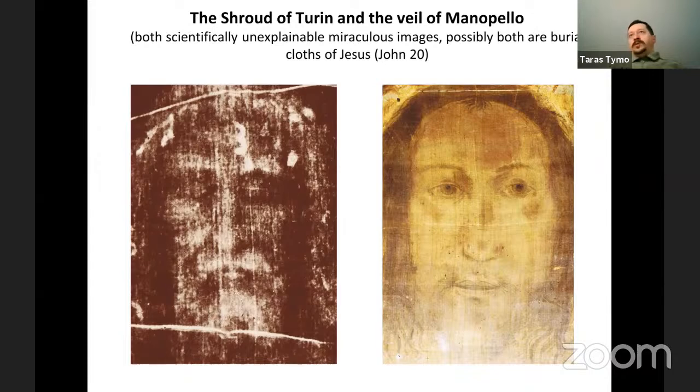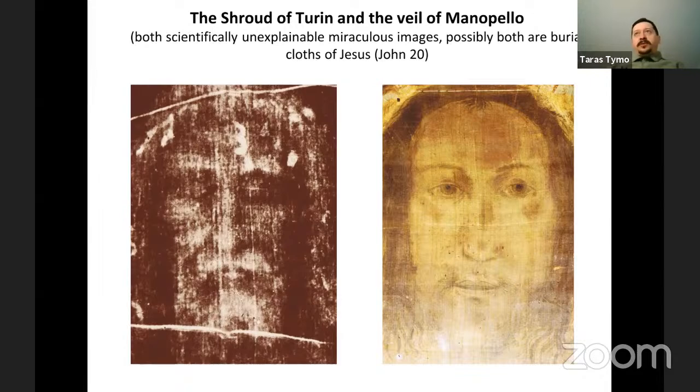And again, nobody knows how this image of Manoppello originated. I don't know if it was researched as thoroughly as the Shroud of Turin, but there was some scientific screening made on this image, and it's also unexplained how it emerged.